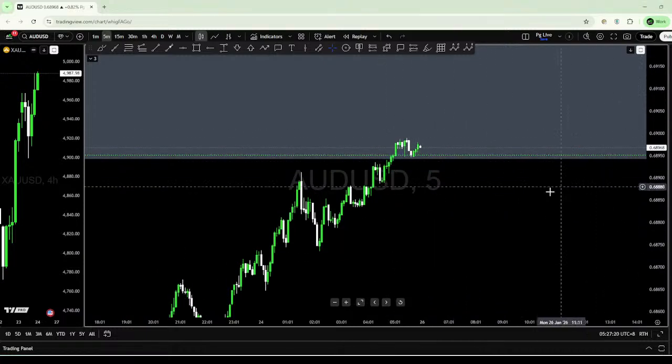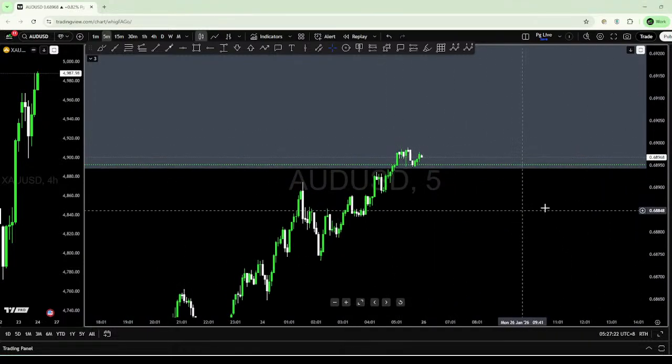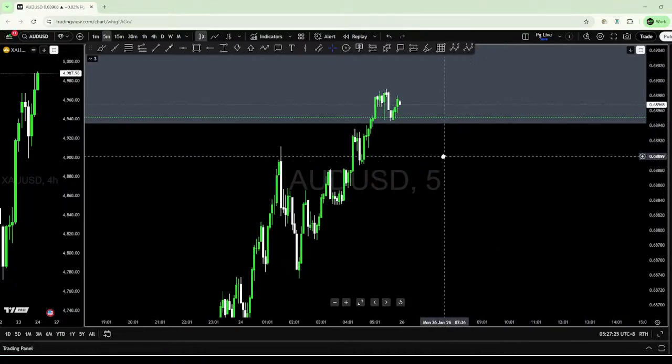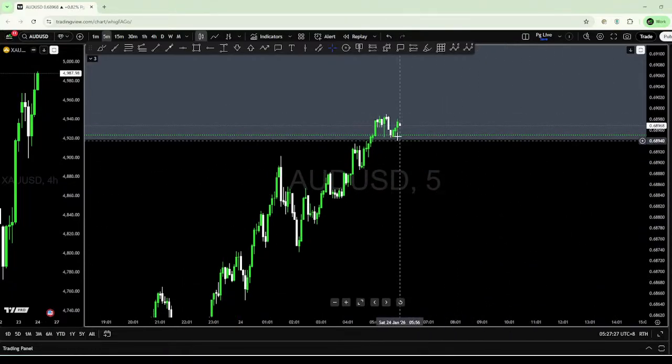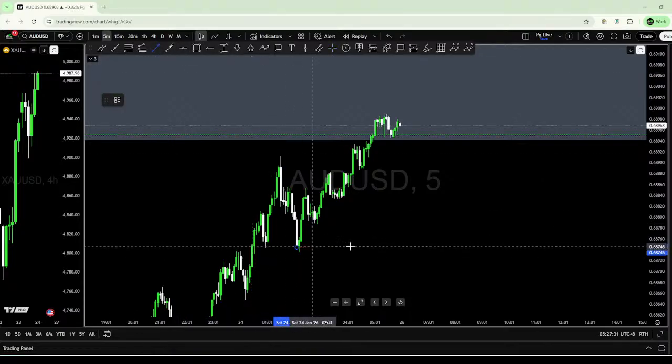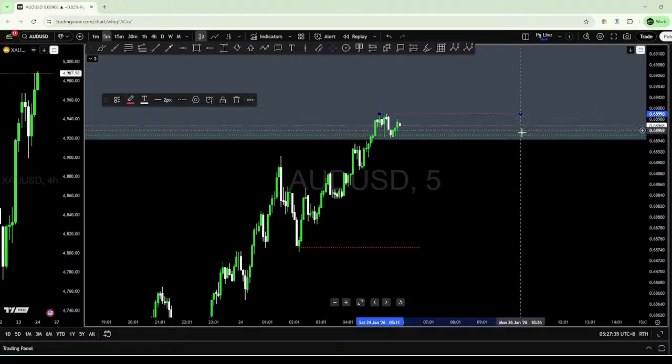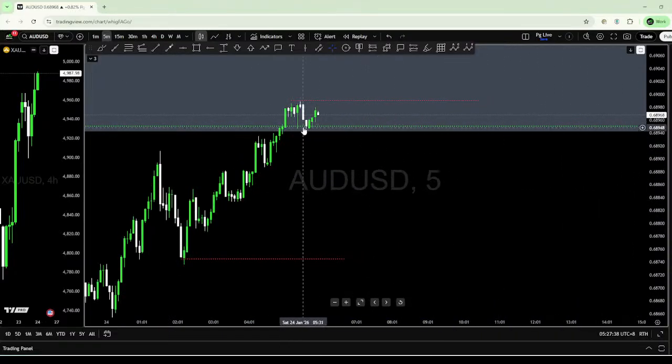Look at the M5 here. If we're talking about structure, and this is the low, basically, then this is the high. Right now I can see they start to make the lower low, maybe lower high, I don't know yet.